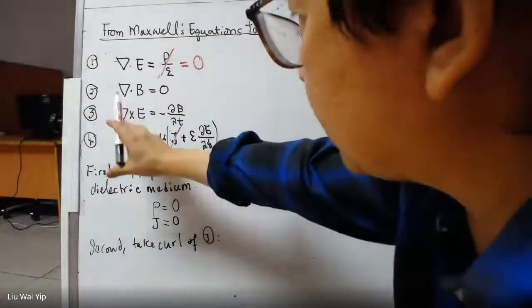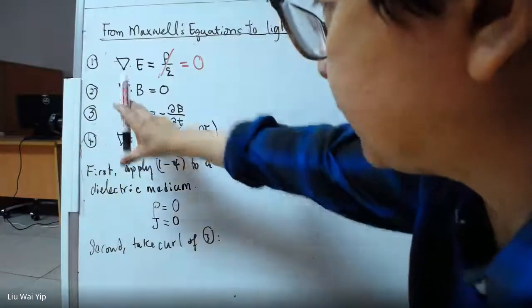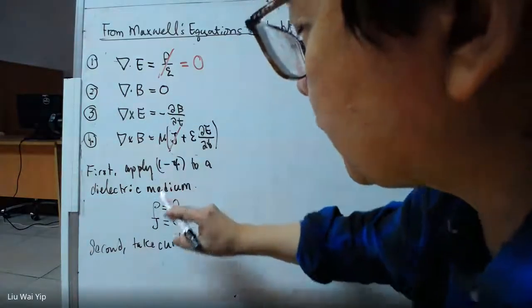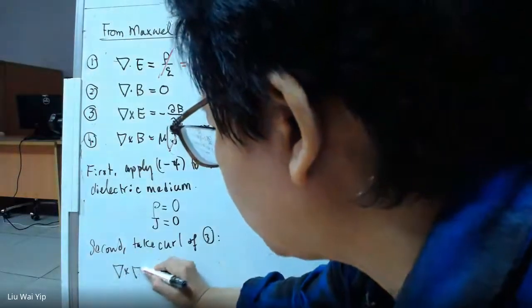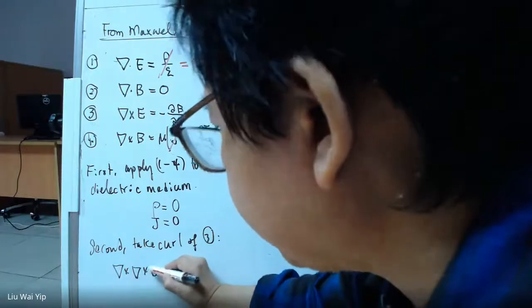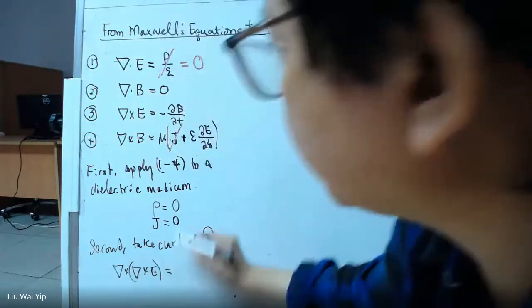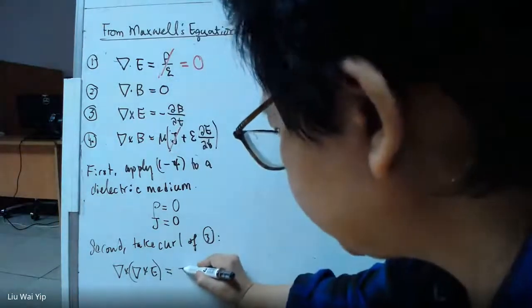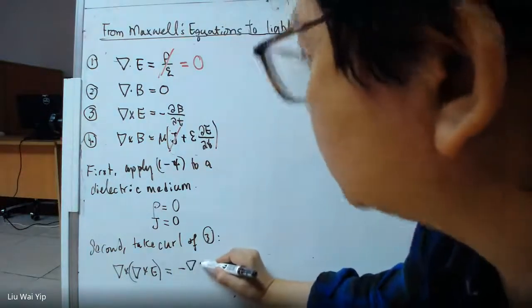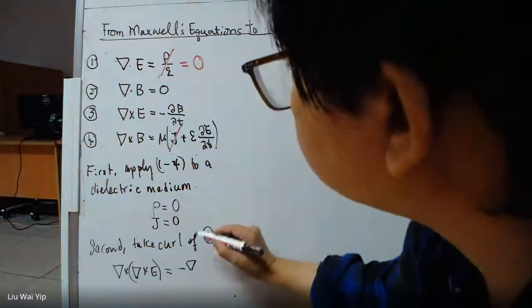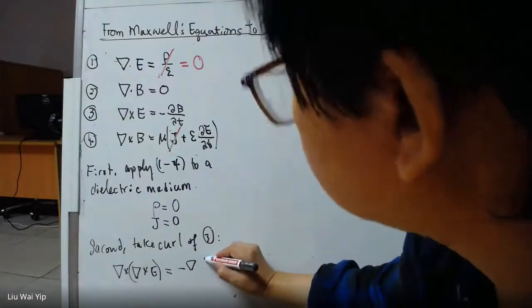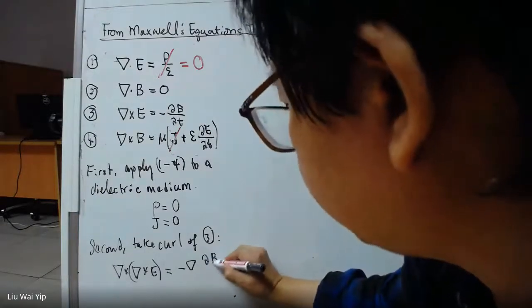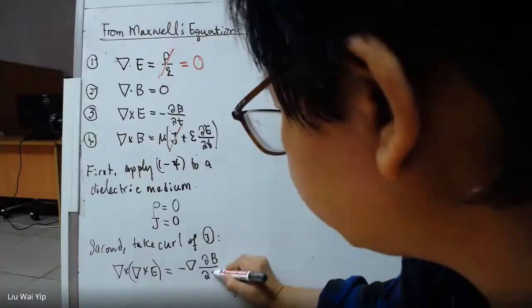Then the left-hand side of equation 3 will be given by the curl of E. And the right-hand side is just the curl of the time derivative of the magnetic field.